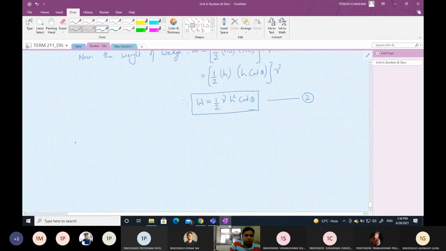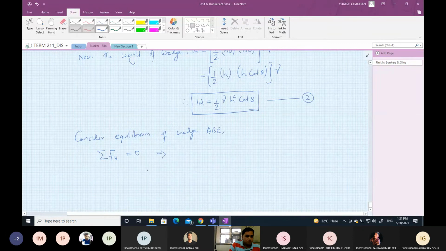Now consider equilibrium of wedge ABE, and summation of vertical forces, sigma FB equal to 0.